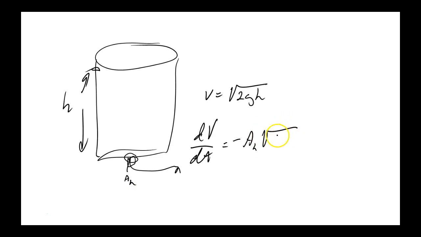The velocity doesn't depend on the hole, but the flow rate does. The square root of 2gh is your velocity, so the area times velocity will be your flow rate.